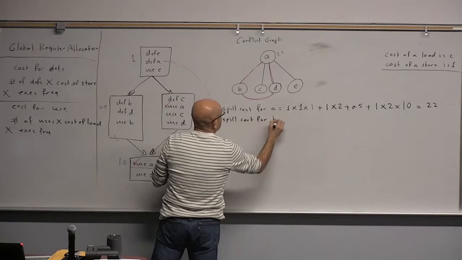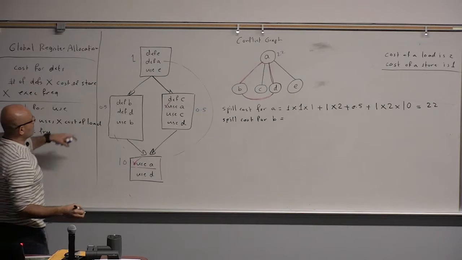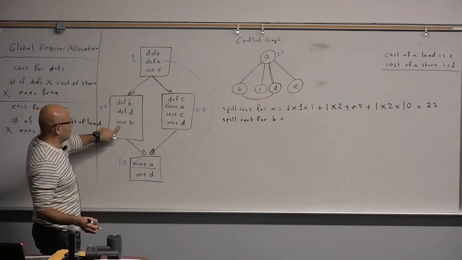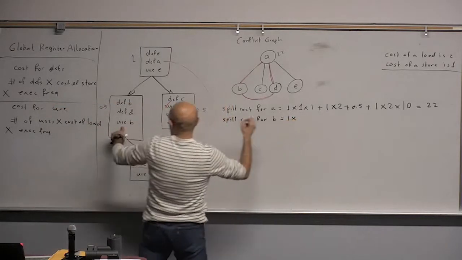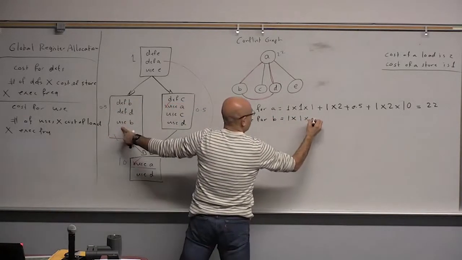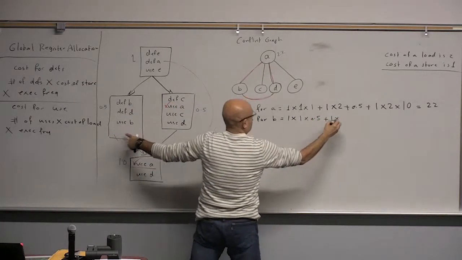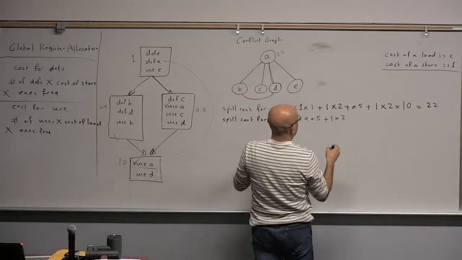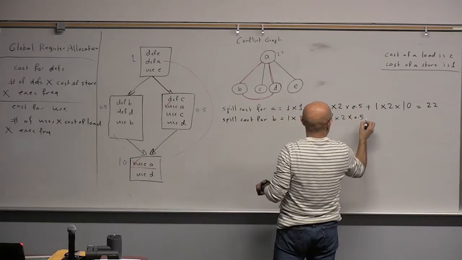Spill cost for B. What's the spill cost for B? We have B in this basic block, so we have a definition and a use. For the definition, there is only one definition, and the cost of a store is 1, and the execution frequency is 0.5. And there is a use with the cost of a load being 2, and the execution frequency, this is multiplied by 0.5.